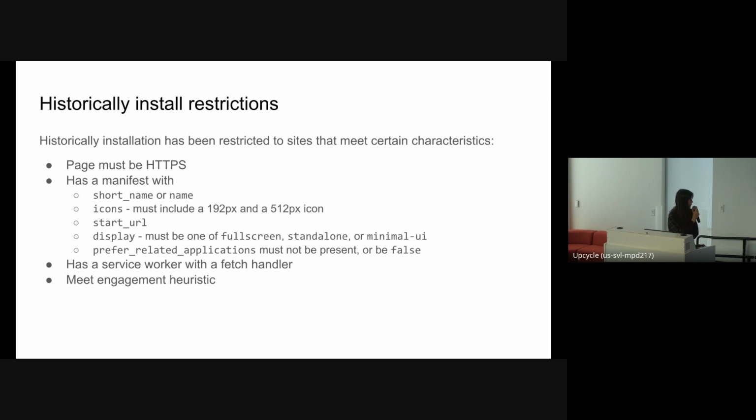It also needs a service worker with a fetch handler to provide an offline experience, and at last BlinkOn, we announced that the PWA will no longer require a service worker to be able to install. So this one is gone.